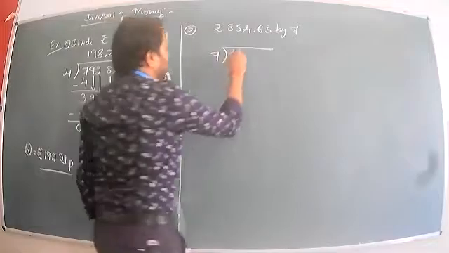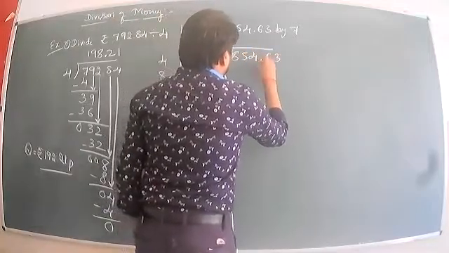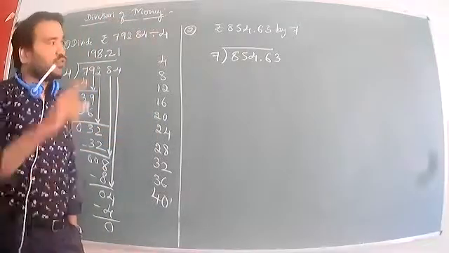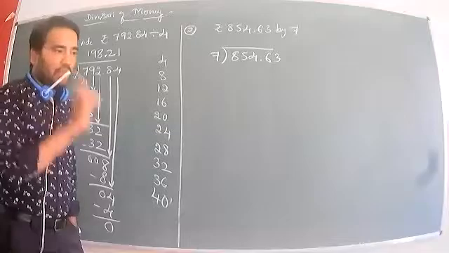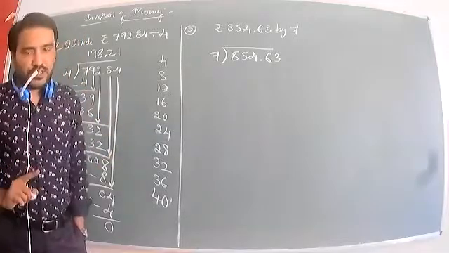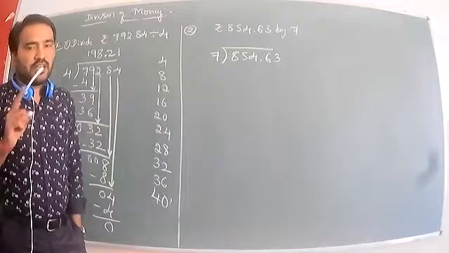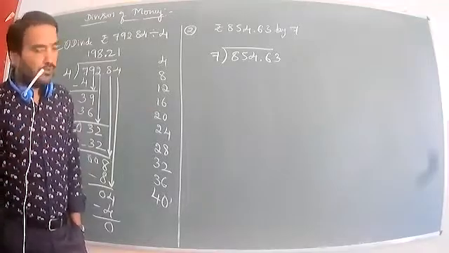So 854.63. After completing the division, count how many numbers are left after the point in the dividend, and put the point in the quotient also. Count the same way, put the point, and it is finished. The point is no problem.